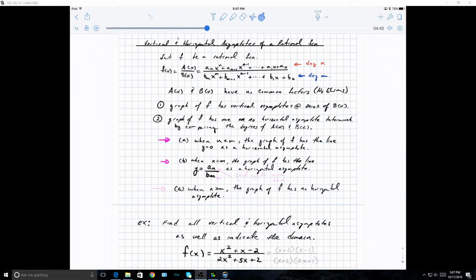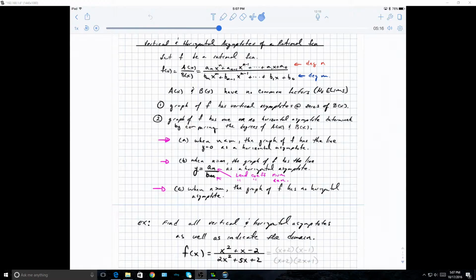So a sub n here is the lead coefficient of the numerator, and b sub m here is the lead coefficient of the denominator. And then if we look at 2c, when the degree of the numerator is bigger than the degree of the denominator, then we have no horizontal asymptotes. And that makes sense because the numerator will be growing much faster than the denominator.